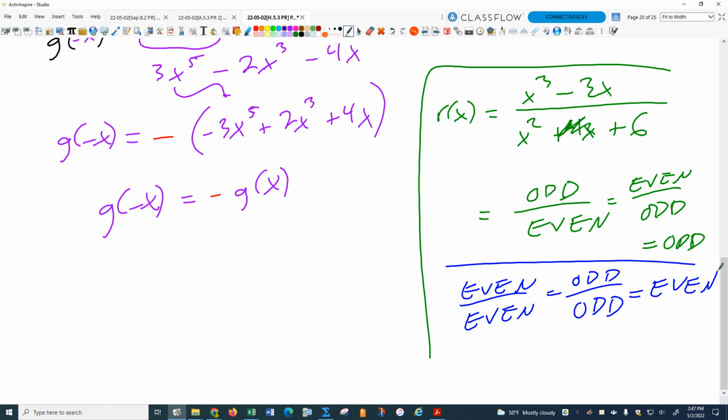Here's a quick way you can always think about the sign. Think of odds as being negative. The way I remember this is that negative 1 is an odd. Just think of the odds as being like a negative number and the evens as being like a positive number, and you're going to follow the very same sign rules, even if you have some really complicated series of functions. You can always just follow the same kind of sign rules you would with positive and negative numbers.